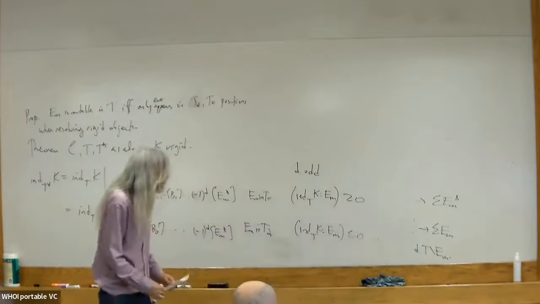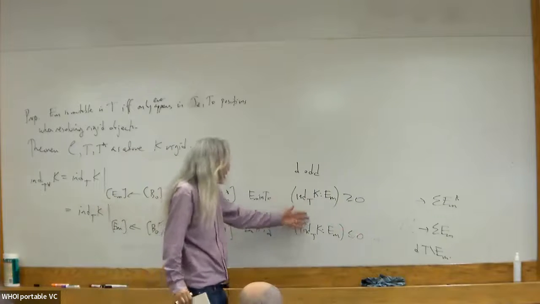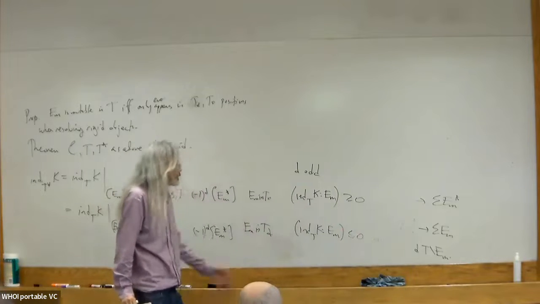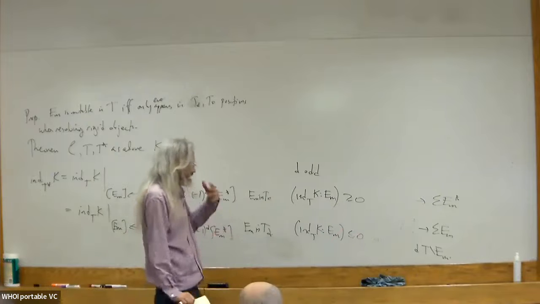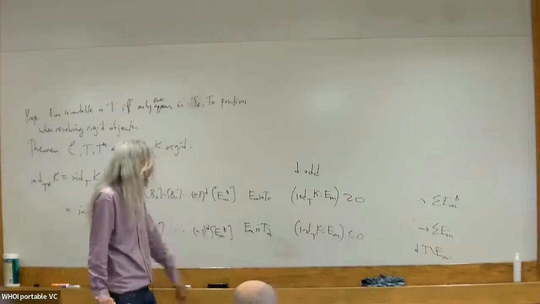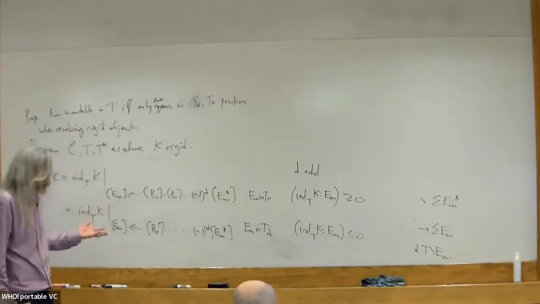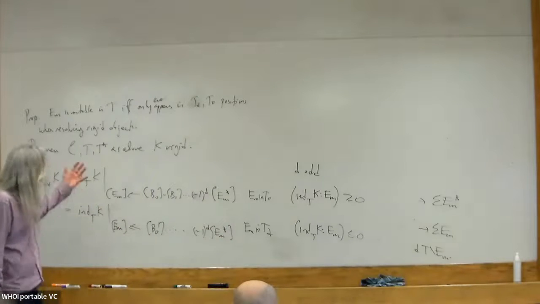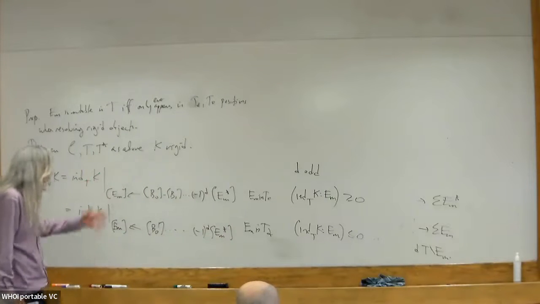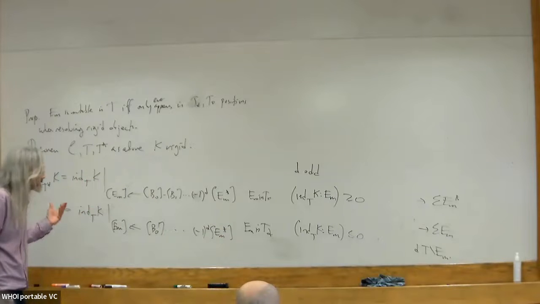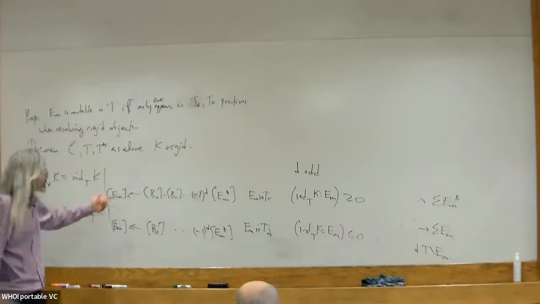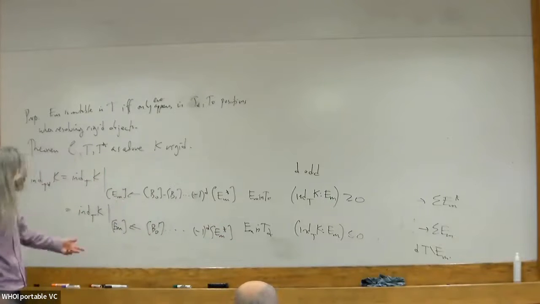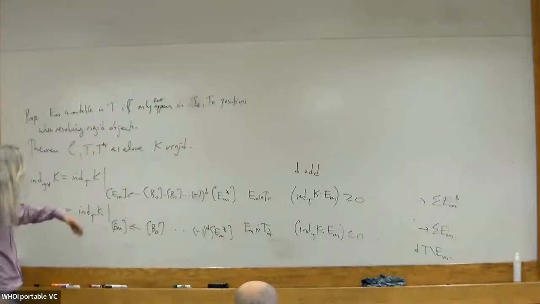But in the case where D is even, this will be non-negative in both cases. So we really get the nicest thing when D is odd, which includes the classical case D is 1, because there we get a mutation rule that lets us look at the index, decide which of the two classes we're in, and then carry out a procedure on the index to get the new index.